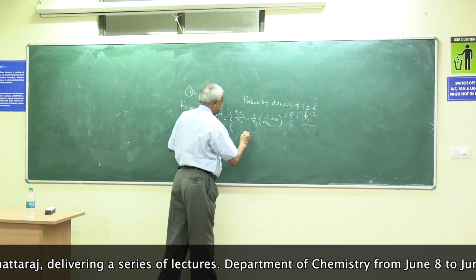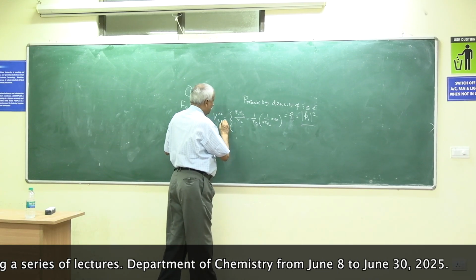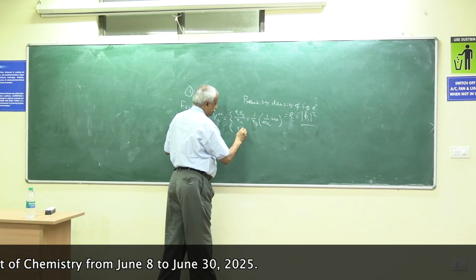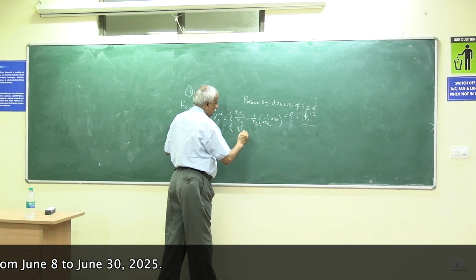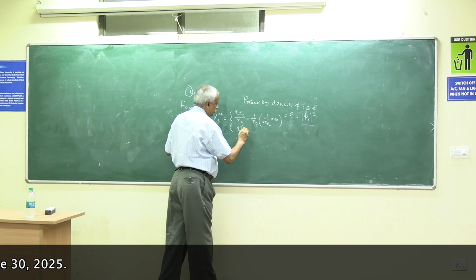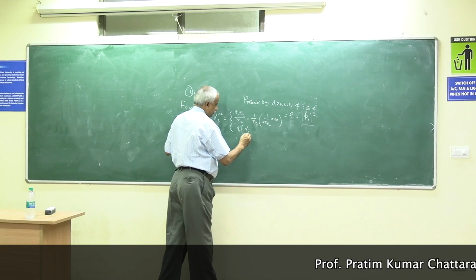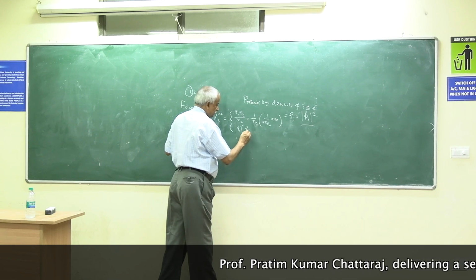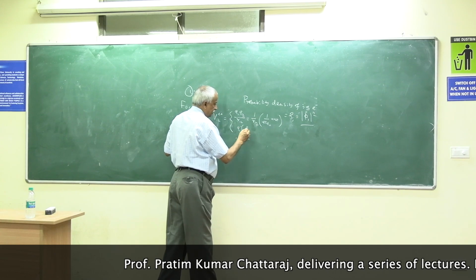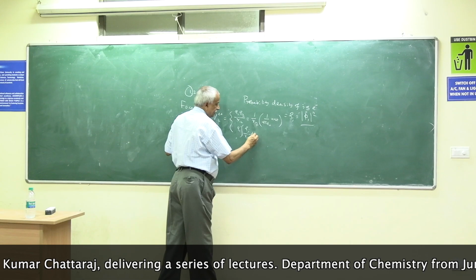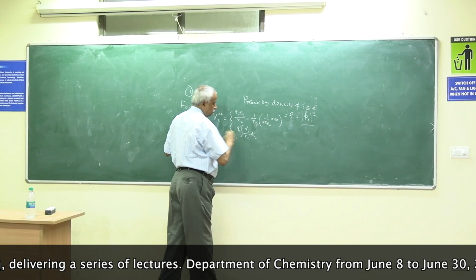Then your V12 would be Q1 integral rho 2 by R12, multiplied by the electronic charge, d tau 2.